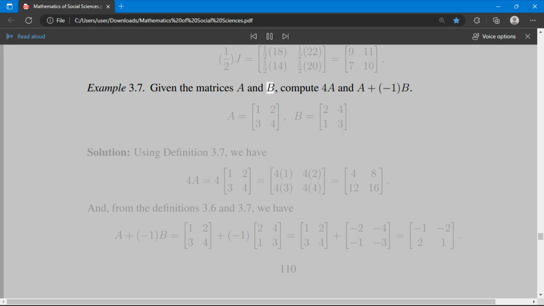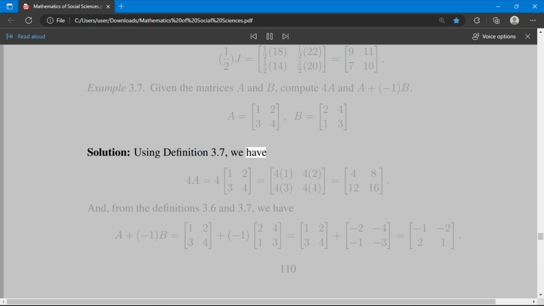Example 3.7. Given the matrices A and B, compute 4A and A plus (-1)B. A equals [1 2; 3 4], B equals [2 4; 1 3]. Solution.